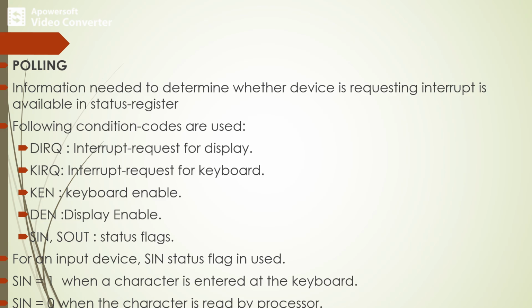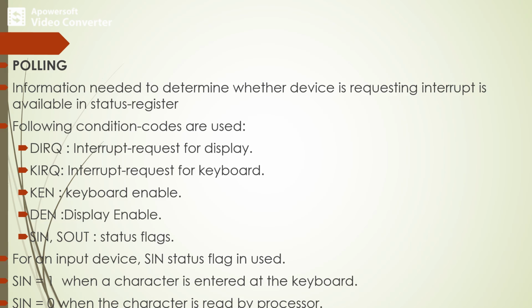The simplest way to identify the interrupting device is to have the interrupt service routine, the ISR, poll all the I/O devices connected to the bus.